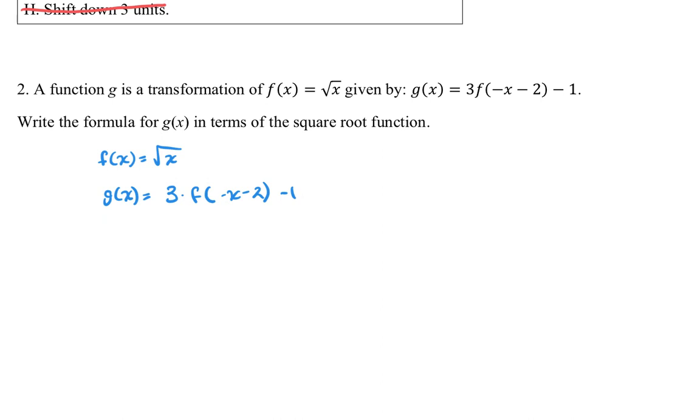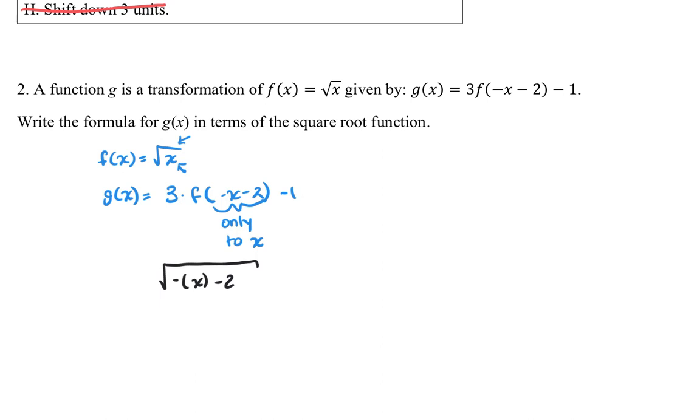So if we look at this, the x is under the radical. So anything that happens to the x only has to also be under the radical, and anything that happens to the entire function has to be outside the radical. So what's in here is happening only to x. So when we write it under our radical, we know that's going to be negative x minus 2.